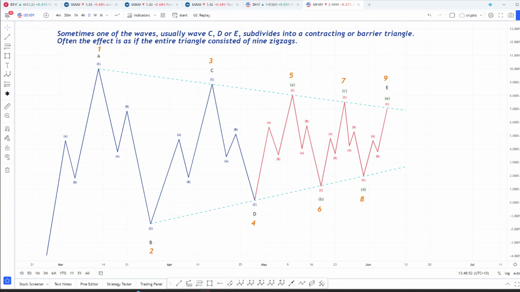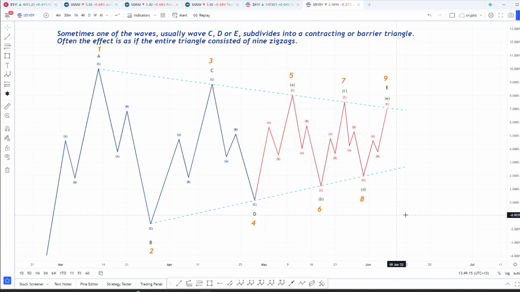So here I've drawn a contracting triangle that has a contracting triangle as the E wave, so a triangle within the triangle. I wouldn't say this is going to be an extremely common thing you're going to run into, but it's definitely worth knowing about if you're going to have a good base of all Elliott wave knowledge as laid down in the good book. Then you've got to know this sort of stuff.